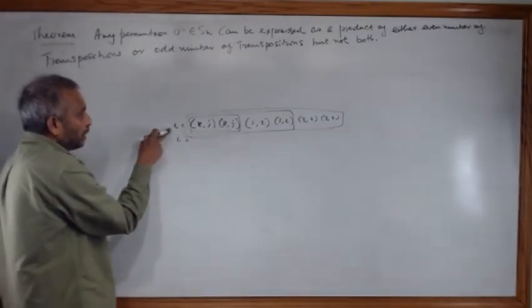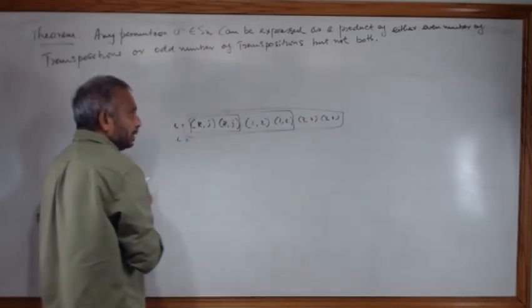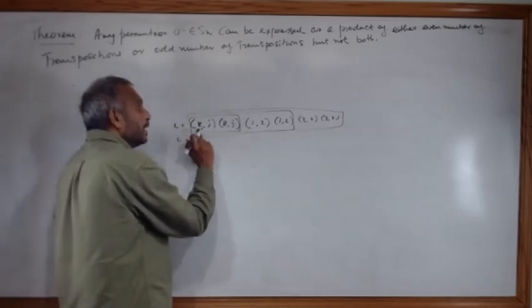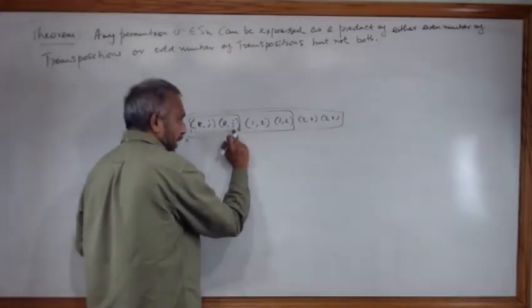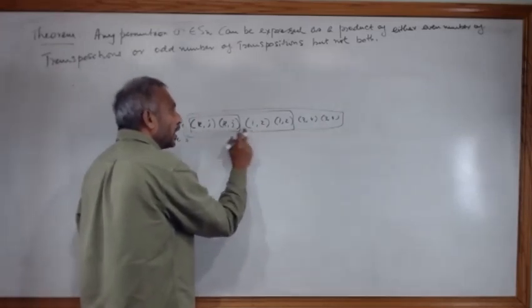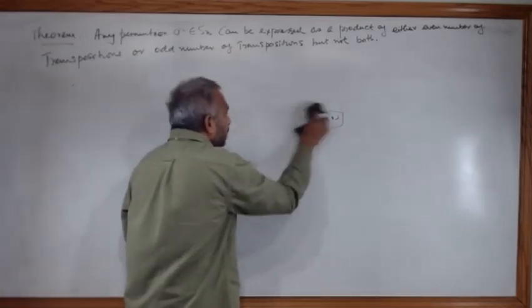You are talking about the same permutation here. Once it is found that a permutation can be expressed as an even number of transpositions, then it cannot be expressed as a product of an odd number of transpositions, and that's what I'm trying to say here.